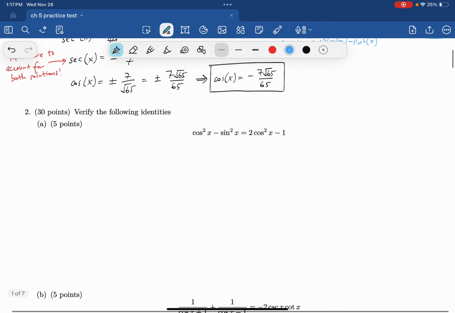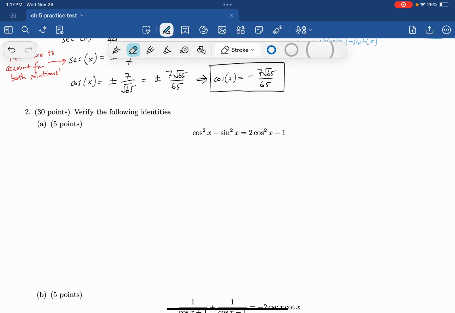Let's do question 2a. Verify this identity. So if you know the cosine double angle formulas, one way you could just straightforwardly do this is to say this is just cosine 2x on the left side and cosine 2x on the right side.